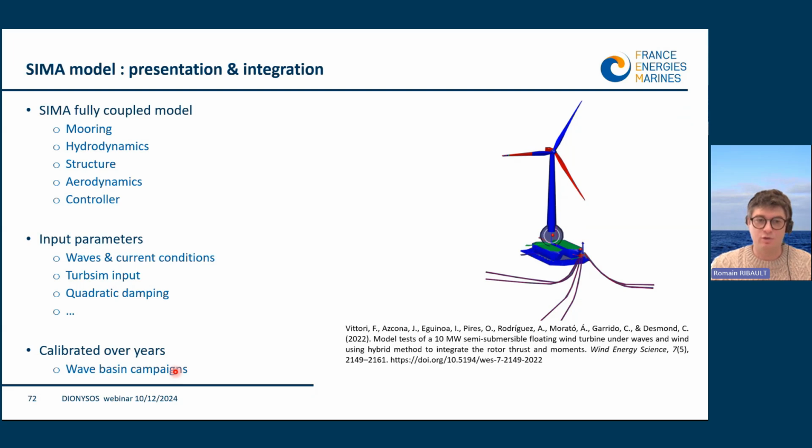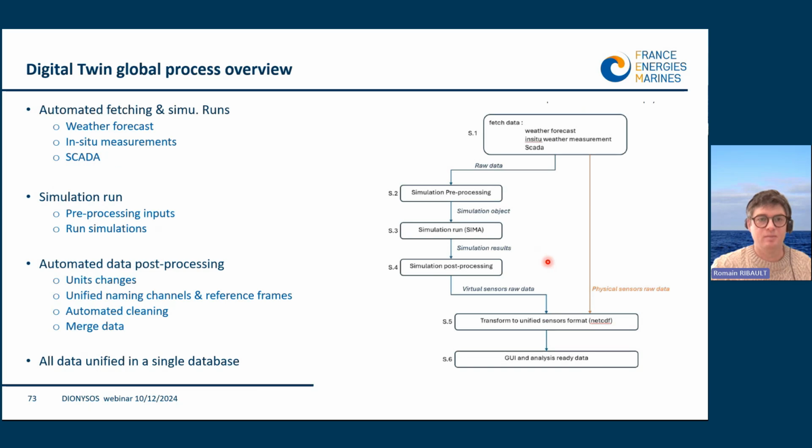So this model was calibrated over the years during wave basin campaigns, but still you have some scaling challenges, especially because you need to scale both hydrodynamic and aerodynamic, and here we kind of check if the assumptions made during basin test are good or valid.